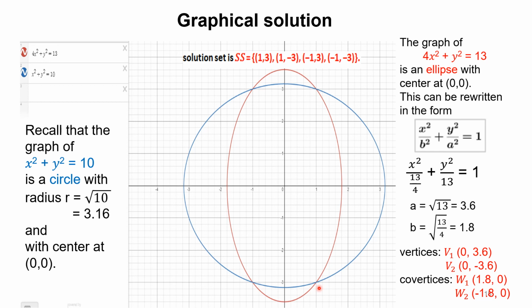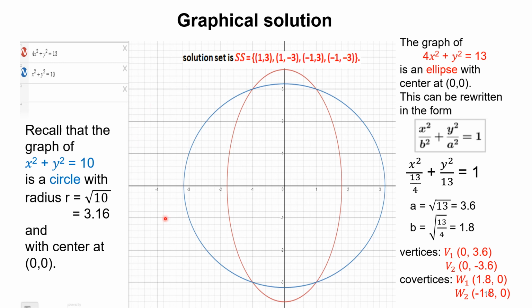And the point negative 1, negative 3, from here you have negative 1, negative 3. And this is the point here, negative 1, positive 3. So we have 4 points of intersection on these two equations, that is 4x squared plus y squared equals 13, and x squared plus y squared is equal to 10.